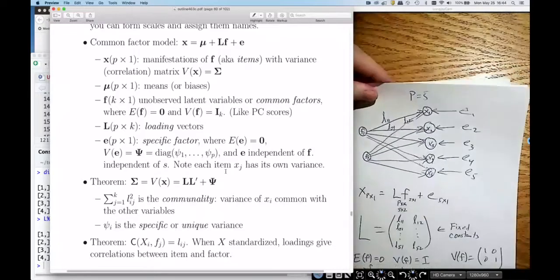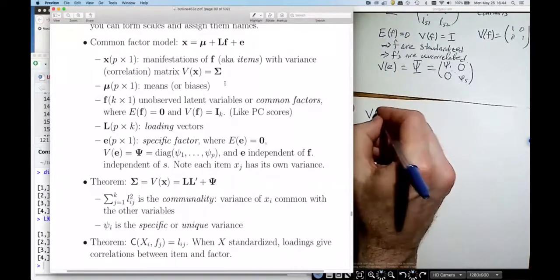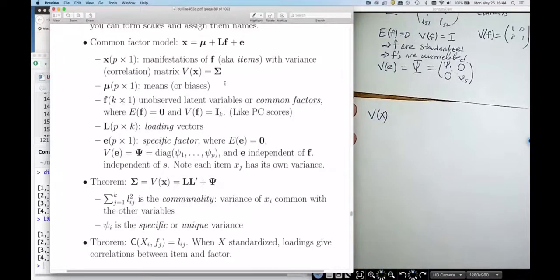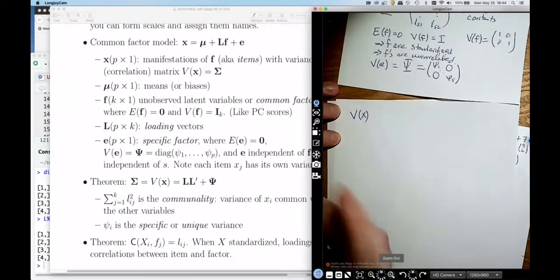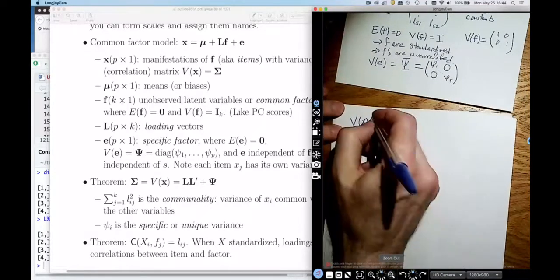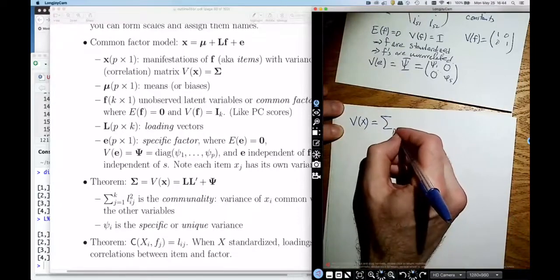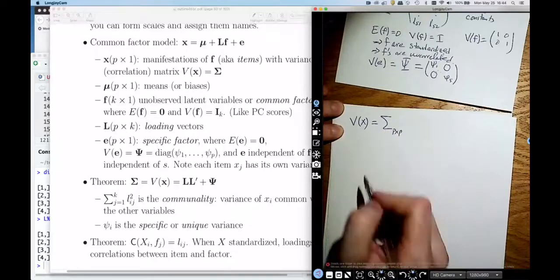So I'm actually going to derive this for us. So what is the variance of my x vector that I've observed? Let's make this a little bit smaller so I don't run out of space. We're going to denote the variance of x by a p by p matrix, capital sigma.